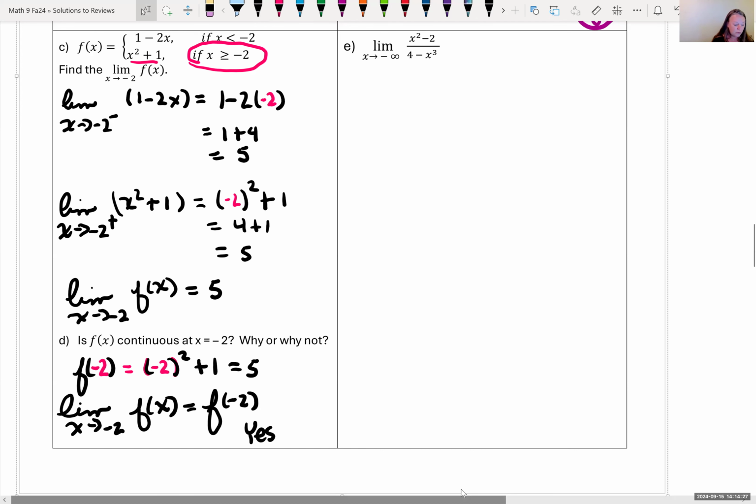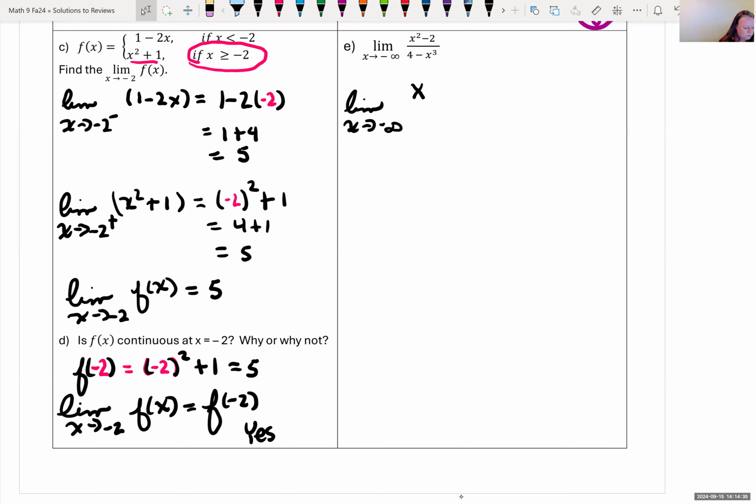And we're going to multiply this by a fancy one. And that fancy one that we're choosing is 1 over the variable to the highest power in the denominator. So 1 over x cubed, all over 1 over x cubed.